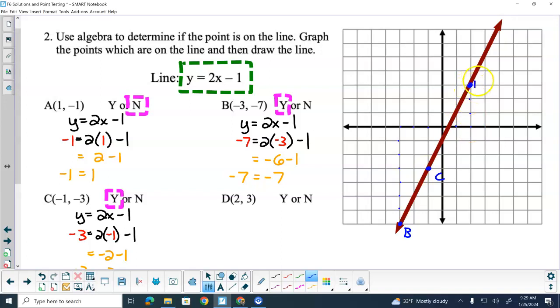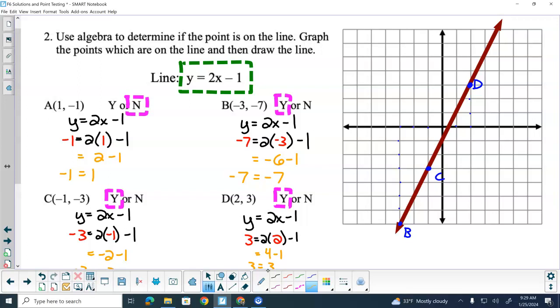There is point D. Point D is on our line. I'll quickly do the algebraic one.